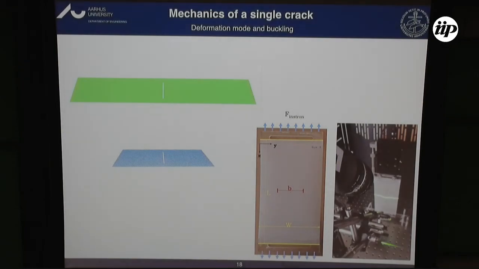So, five minutes, okay. Then we started to look back into another simple case, which is this one in the middle. We did a bunch of experiments here to track the deformation of the system.